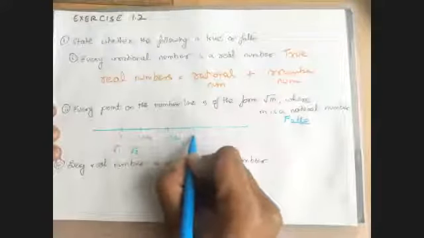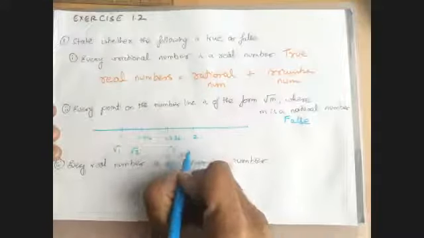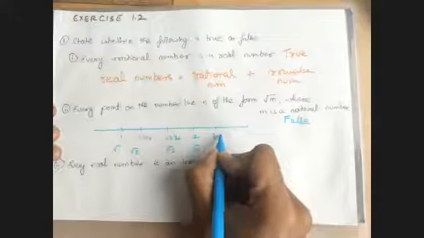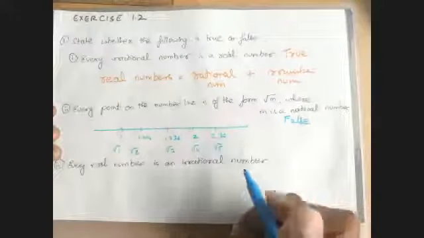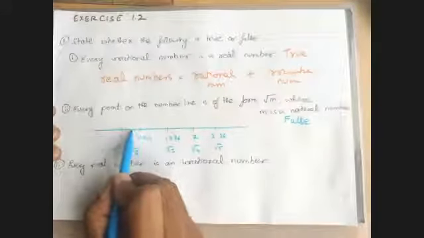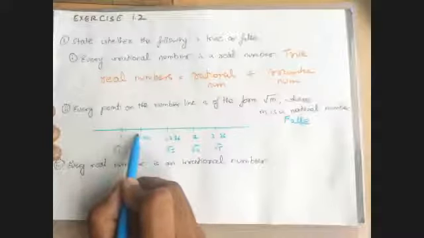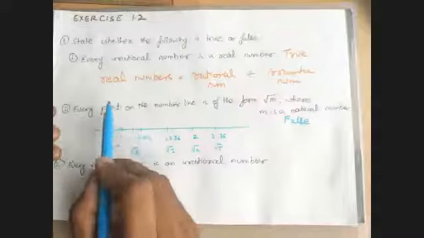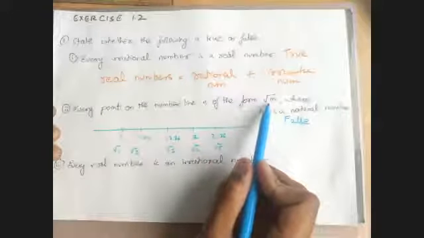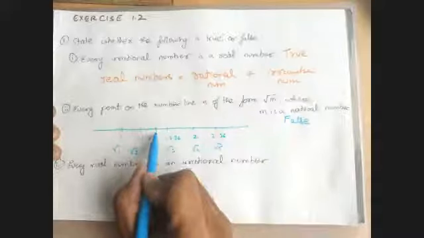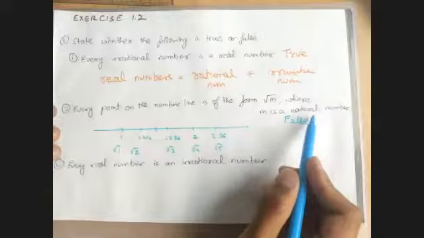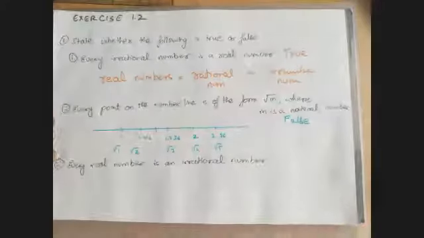And root 4 is 2. And root 5 is 2.36 something. We know that in between any two numbers there are infinite real numbers. So not every point on the number line is in the form of root m. If I take any number in between, it is not in the form of root m, where m is a natural number. So it is false.